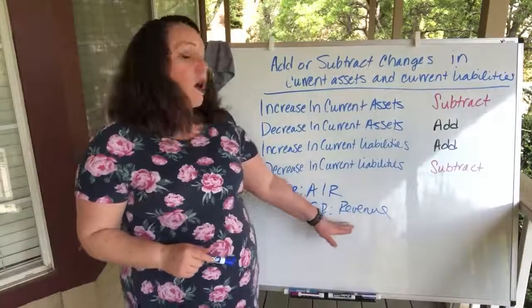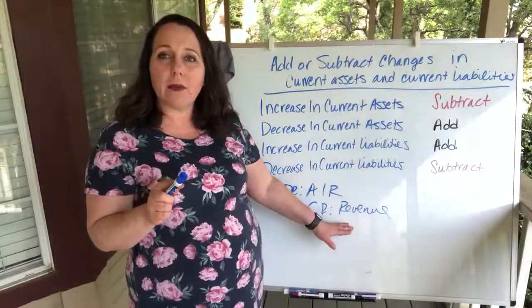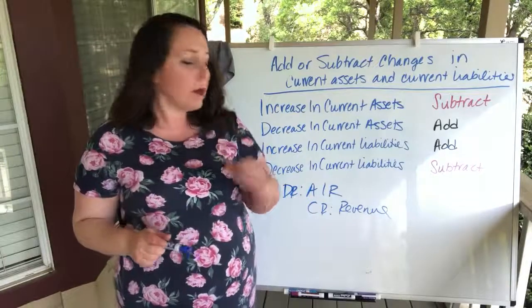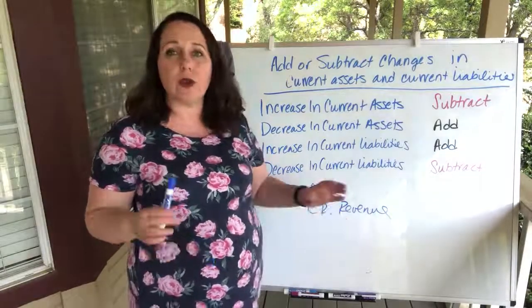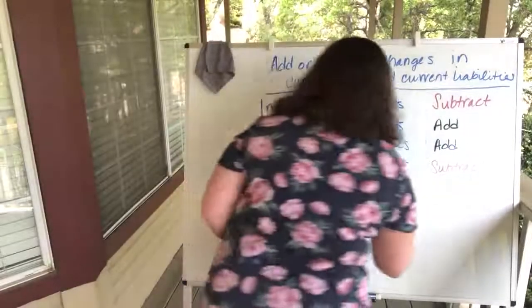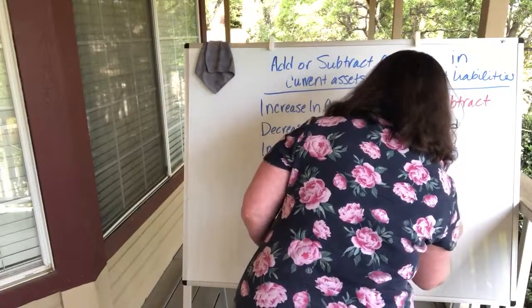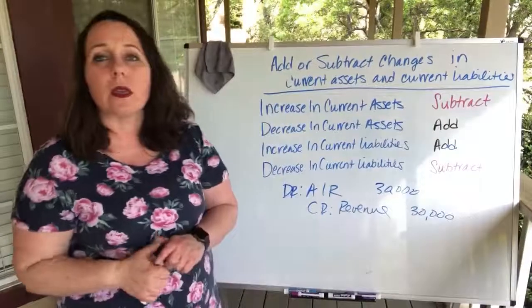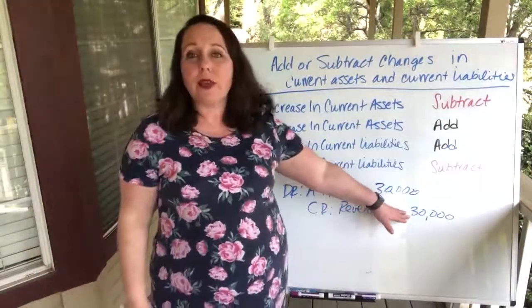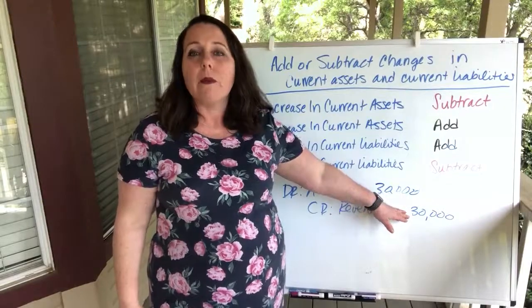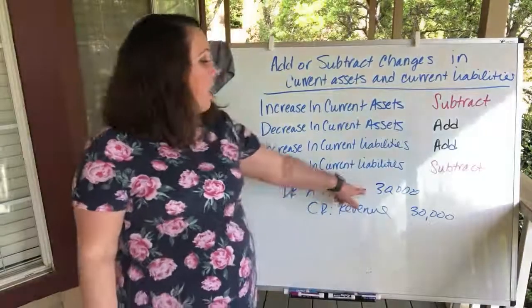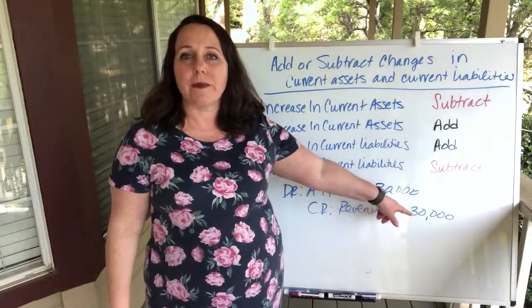So when you think about our net income, we've increased our net income by the amount of revenue, so our net income is higher. Let's say this is $30,000. So we have $30,000 sitting in net income, but if at the end of the year it's still sitting in AR, we've never collected the cash for that.